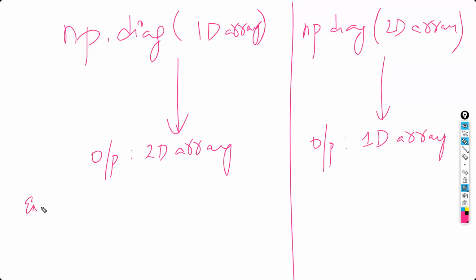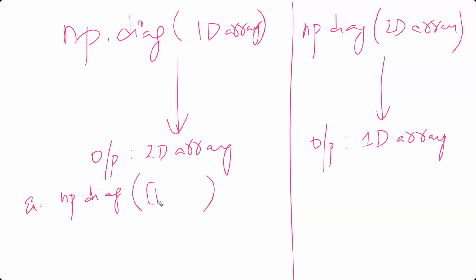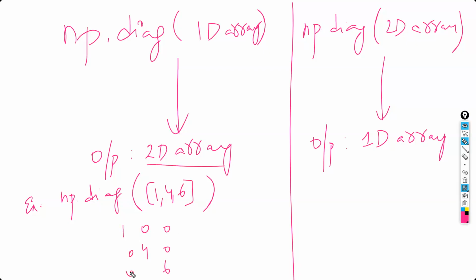Example, np.diag of a 1D array, 1, 4, 6. Something I have given like this. Now it is going to give the output as a 2D array, that is 1, 4, 6 with the remaining values filled with zeros.